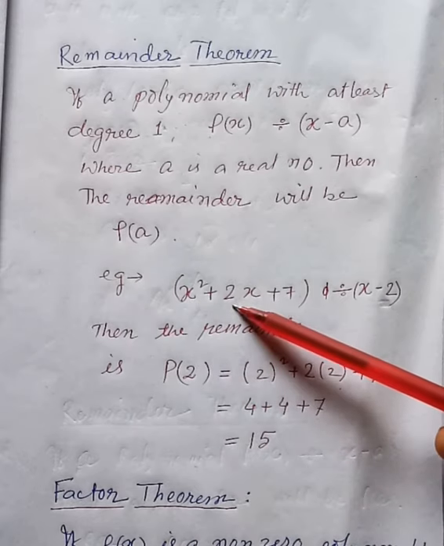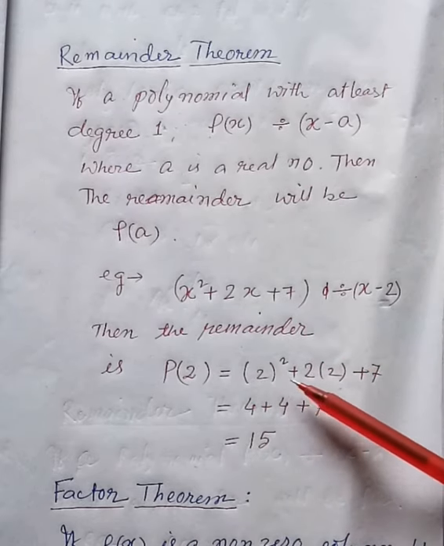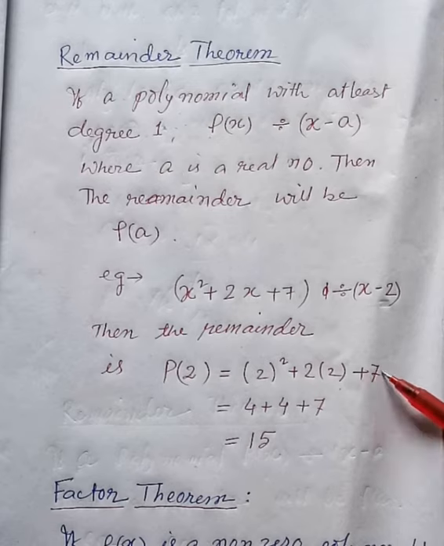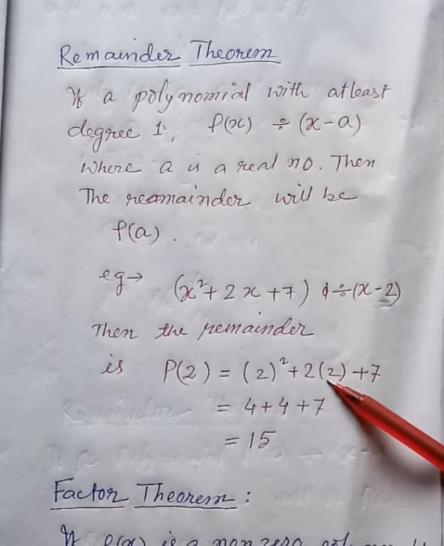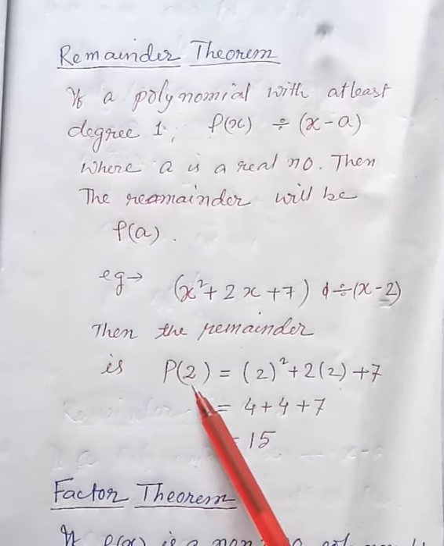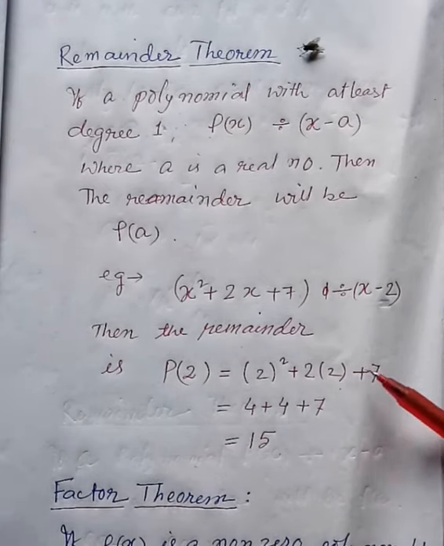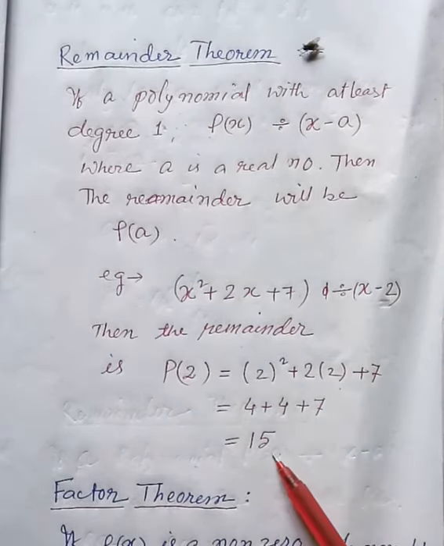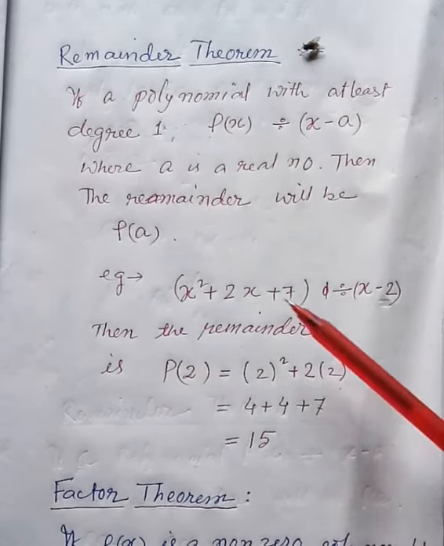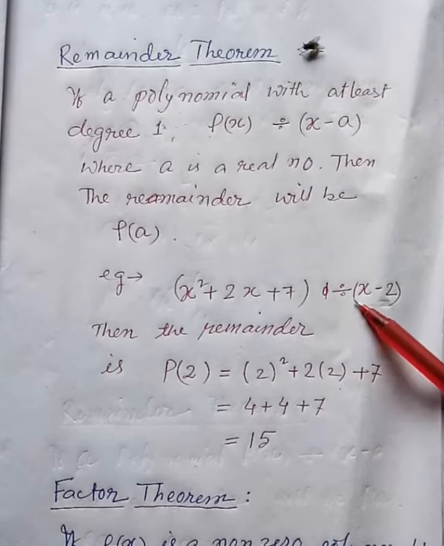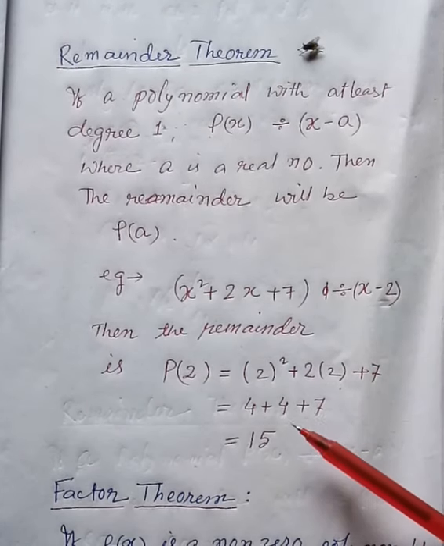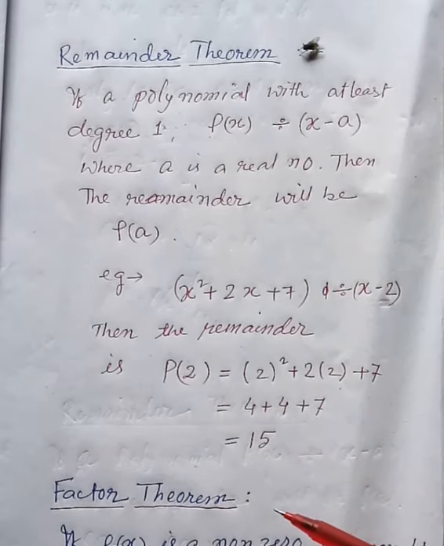So x square plus 2x plus 7, with x replaced with 2, that is p(2). You just calculate it and you will get 15. So 15 is the remainder. If this polynomial is divided by this binomial, then you will get a remainder 15.